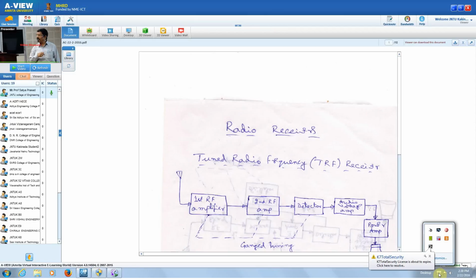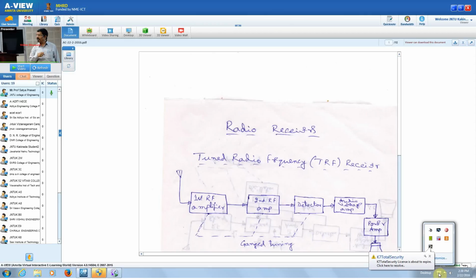Another disadvantage is that we are going to have tuned circuits, right? At each stage you have a different tuned circuit. Depending on the bandwidth and the center frequency, your Q has been fixed. Suppose the station that we are tuning is 535 kilohertz, and your bandwidth is 10 kilohertz. What should be the Q value?